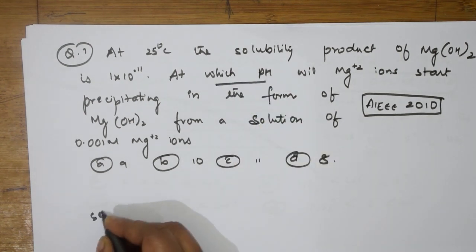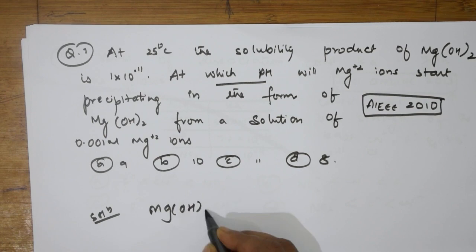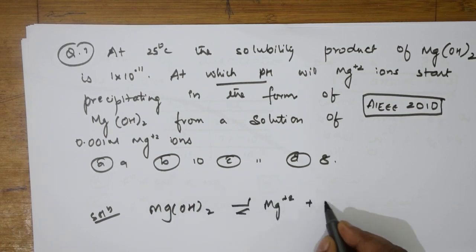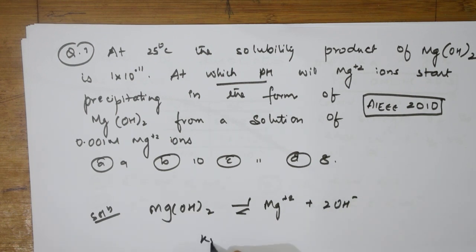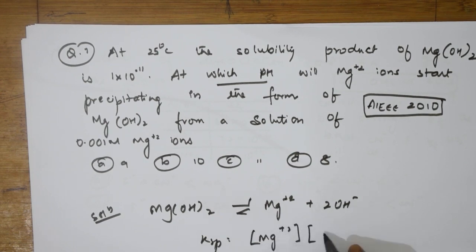So as soon as such a question is given to me, I try to write the equation. Magnesium hydroxide breaks up into Mg+2 plus 2OH minus. So now what is the solubility product formula? KSP is equal to Mg+2 times OH minus squared.